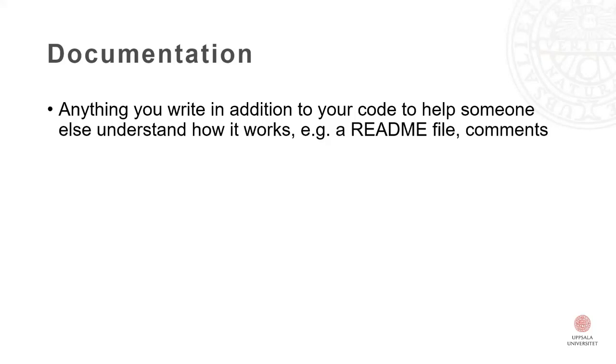For example, you can simply have a README file beside your code in which you explain, I have these functions, I have these modules, and they are connected together in such and such ways. Then someone who wants to use your work comes and reads this file and gets an insight about your code, and maybe can then work on it, improve it, or change it, and so on and so forth.